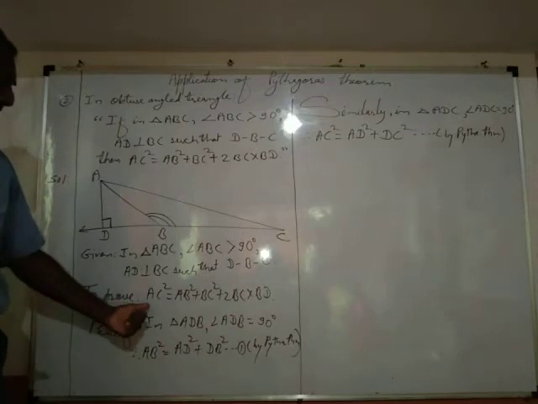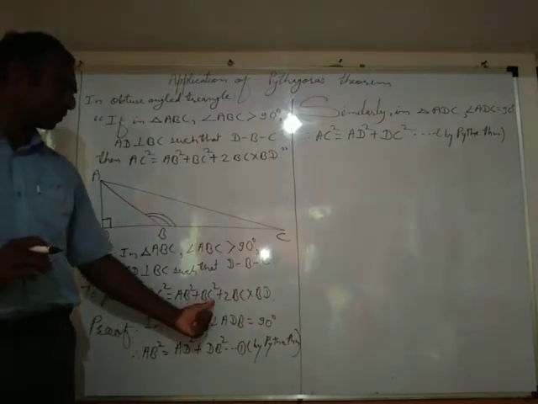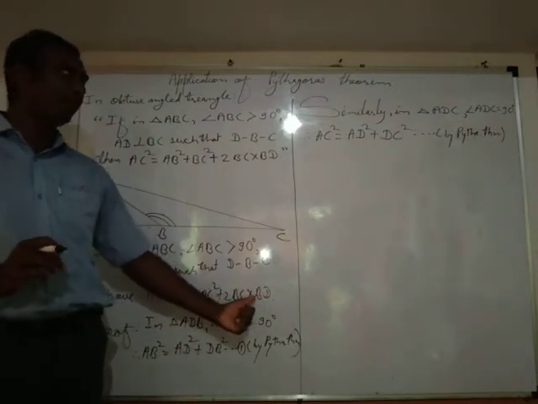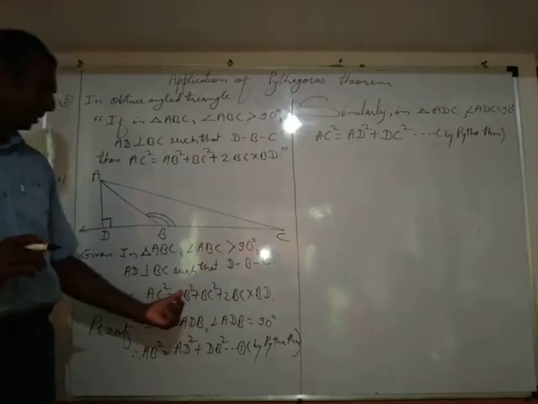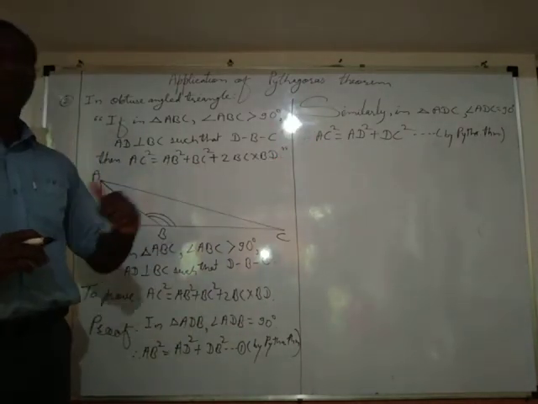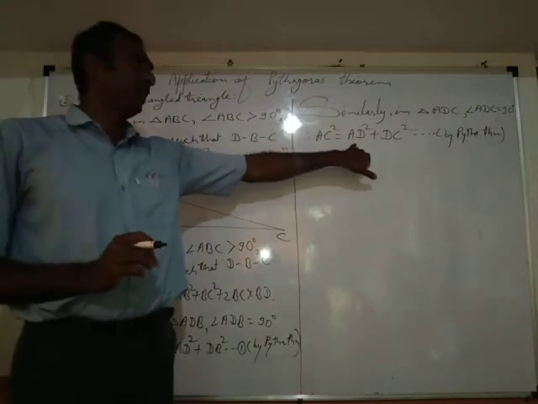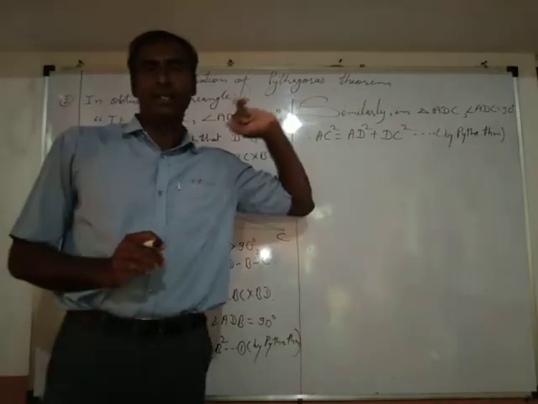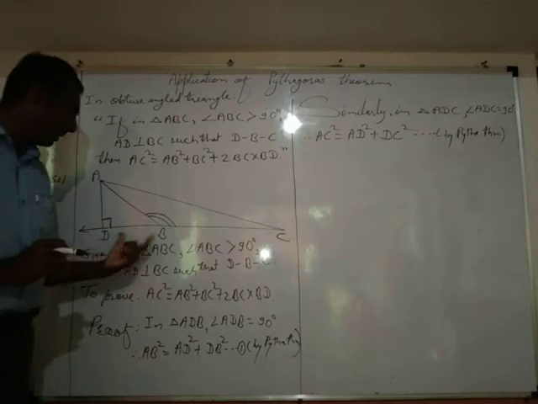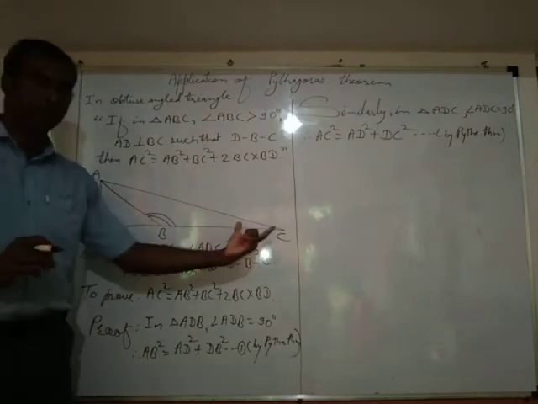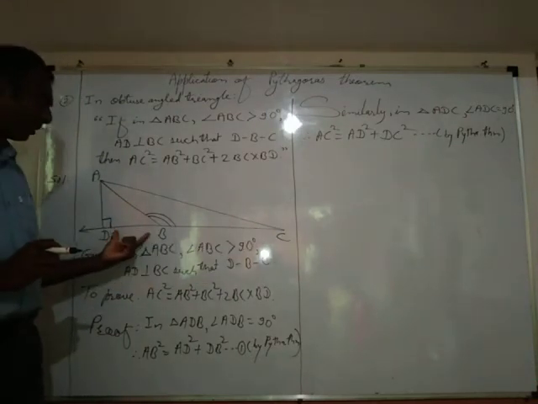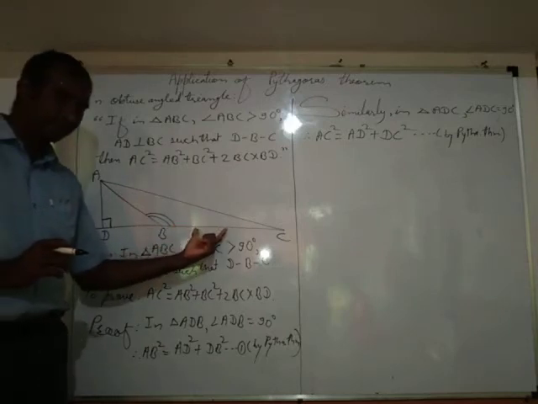But we want to prove AC square equals AB square plus BC square plus twice of BC into BD. Means we want the right side in terms of AB, BC and BD. But we have it in terms of AD and DC. But DC is made up of DB and BC.